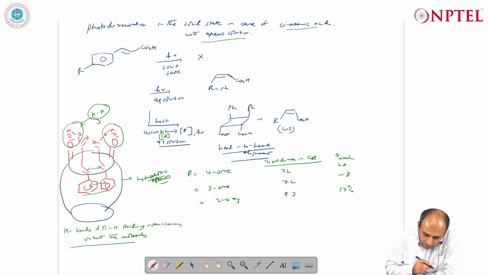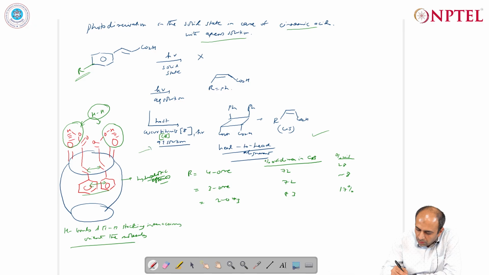Everybody, today we are going to discuss further the aspects of supramolecular photochemistry and the photocatalytic reactions which take place in the presence of light. In the previous lecture we looked at the photodimerization of substituted cinnamic acid, where R is equal to phenyl to start with, and we saw how we can control the dimerization process and get products that would not be formed either in solid or in aqueous solution.